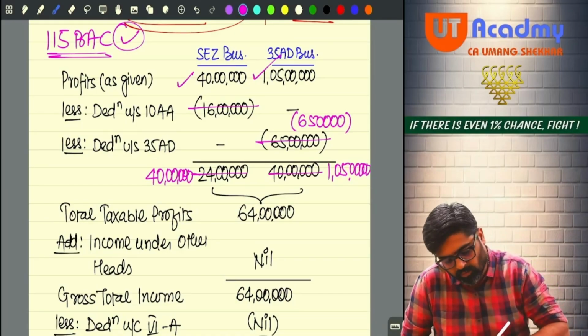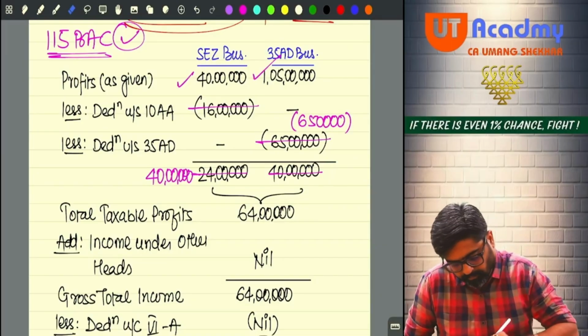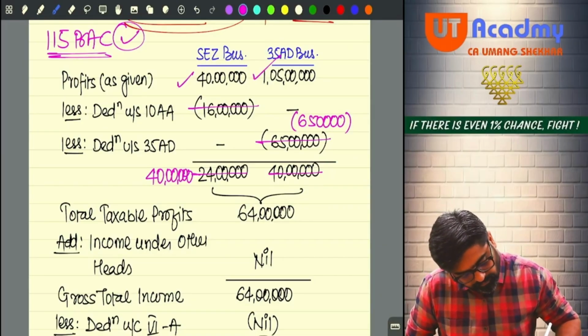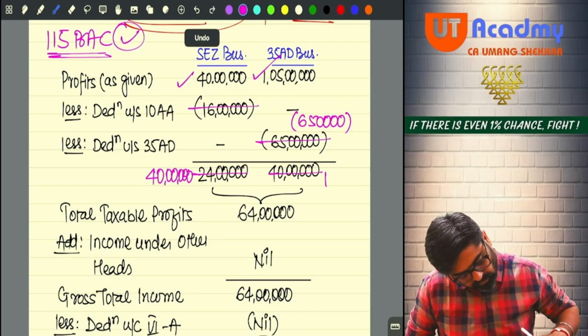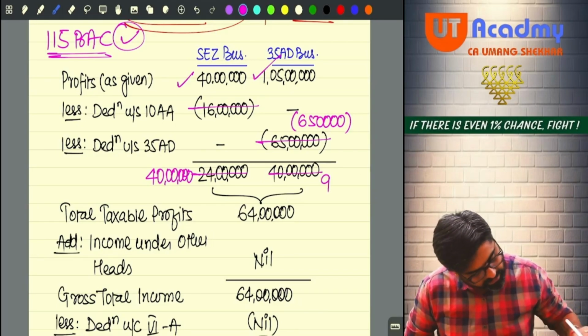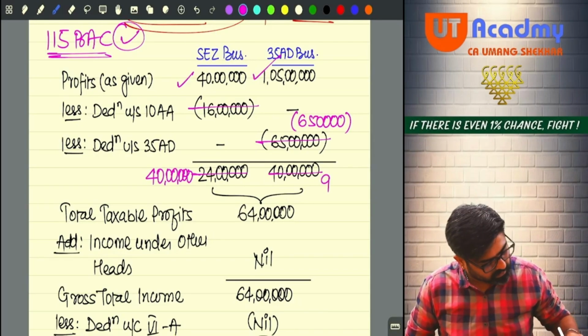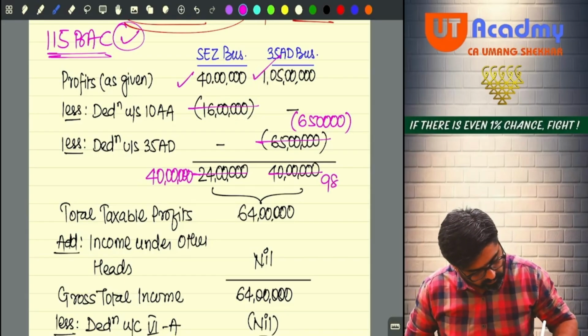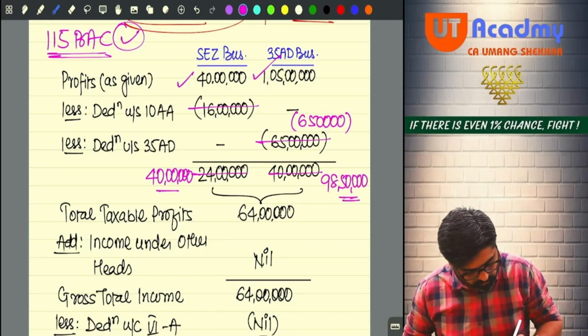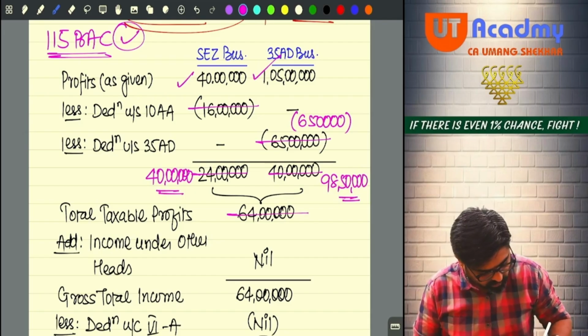So normal depreciation would be 650, then this will be 98,50,000, no? 1 crore 5 lakhs minus 6,50,000, 98,50,000. Now 98,50,000 plus 40 will give you 1 crore 38,50,000 only.